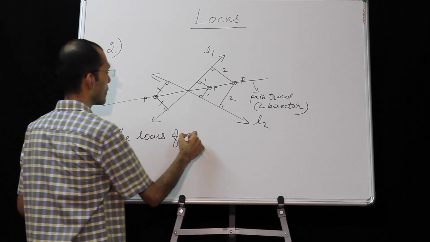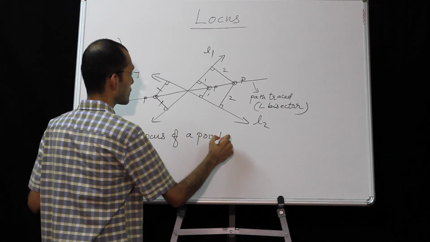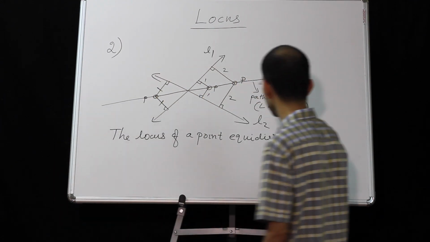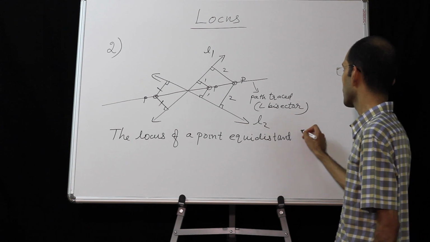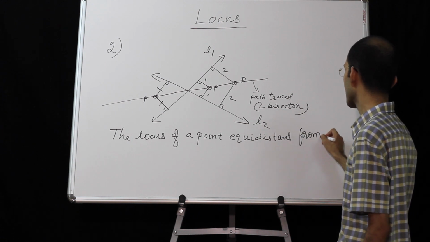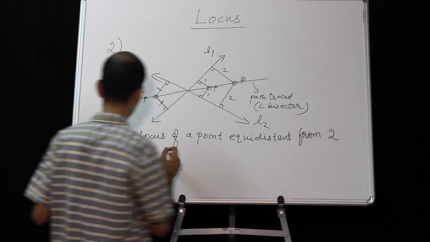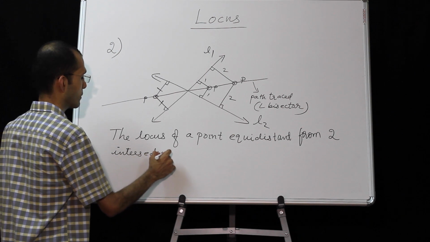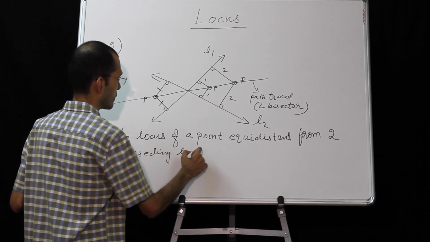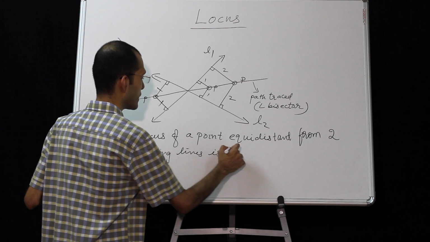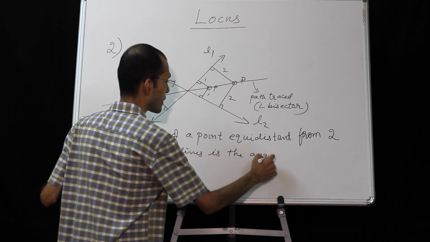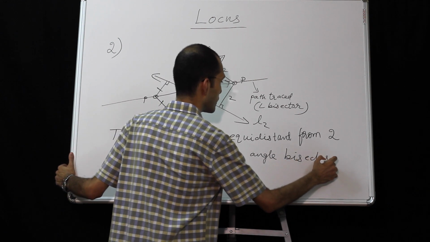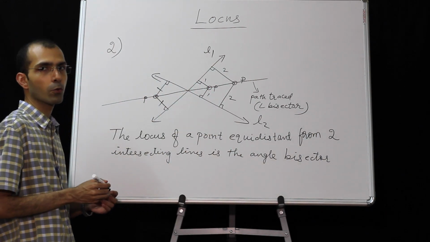The locus of a point equidistant from two intersecting lines is the angle bisector. So this is concept 2 of locus.